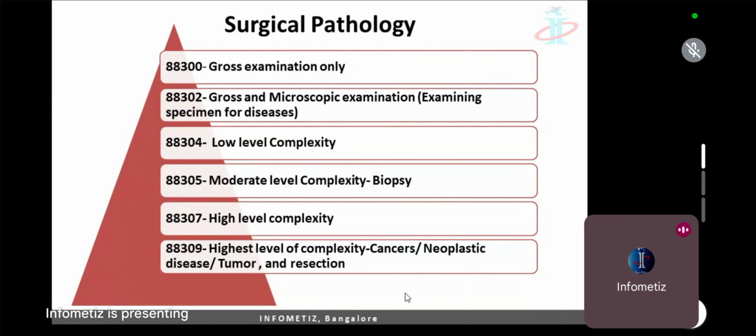For gross plus microscopy, we have 1, 2, 3, 4, 5 codes: 88302, 304, 305, 307, and 309. Why do we have 5 codes? You can see under each code we have a list of the samples.